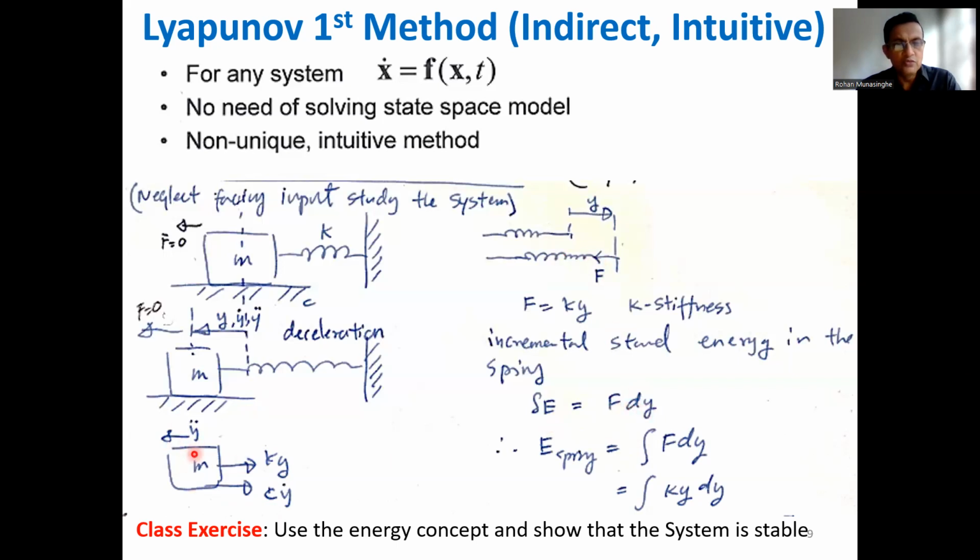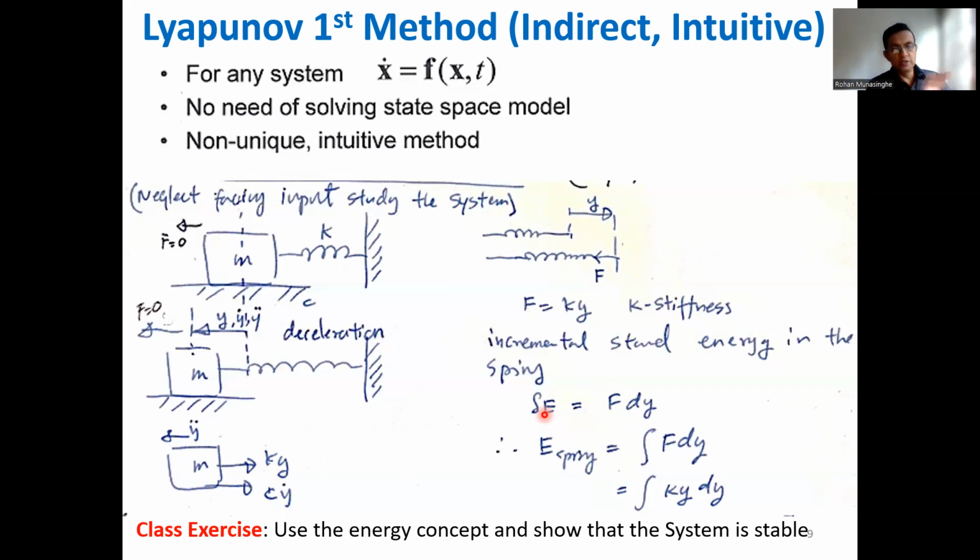If you move the object to your left with a little distance dy against the force F, the work done is force times the distance. So force is F, distance is dy, and that is delta E or dE. This is the stored energy of the system.